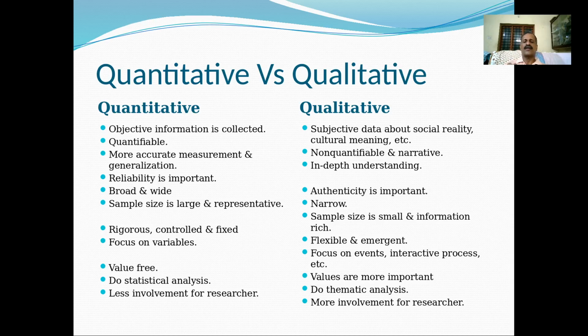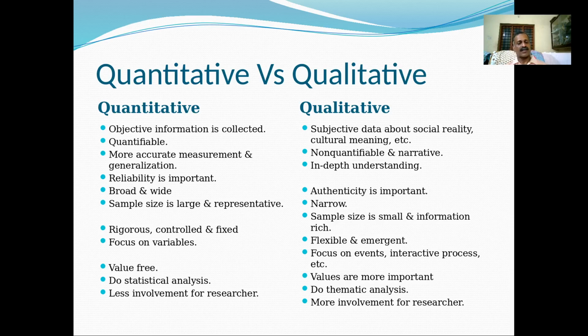That is why the sample size is always small for qualitative studies, and it is always information rich. Even though we are collecting the sample from 5 subjects, the analysis will come to 70 or 80 pages, where from a single data there will be numerous types of analysis.